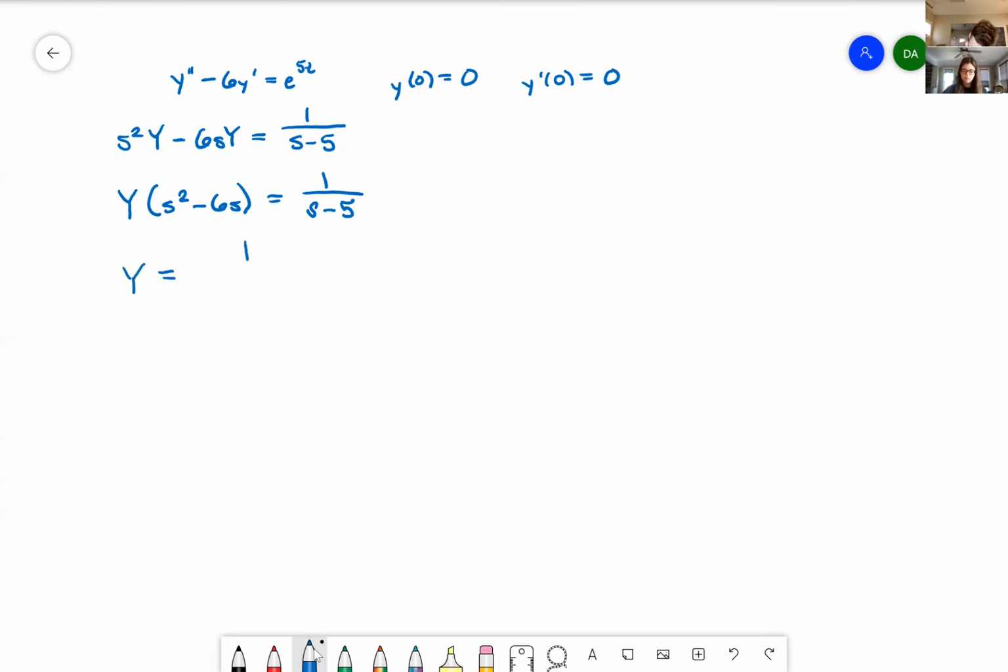And y equals 1 over s minus 5 times s squared minus 6s. Now, I'm guessing that this is something that they want us to solve using partial fraction decomposition. Okay, so let's do that.